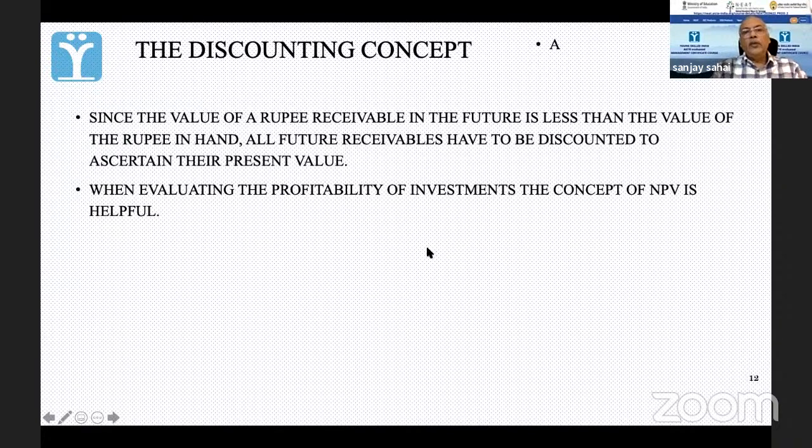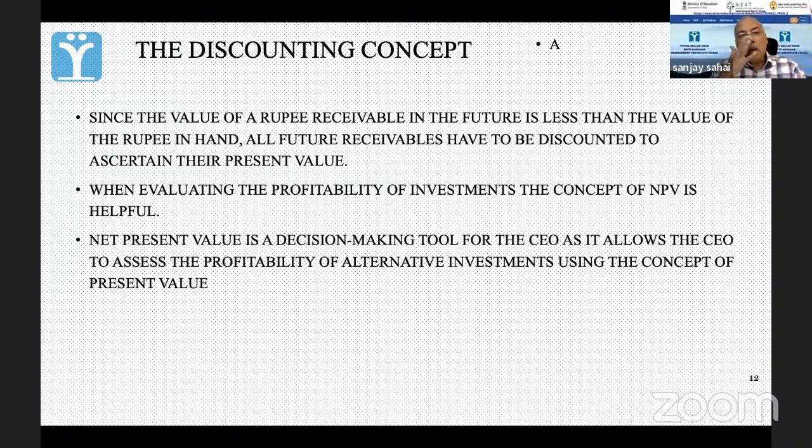So when evaluating the profitability of investments, the concept of net present value becomes helpful. Because essentially what we're saying here is that if you're receiving inflows or cash flows in the future, they have to be discounted to their present value if you are to make an informed decision.